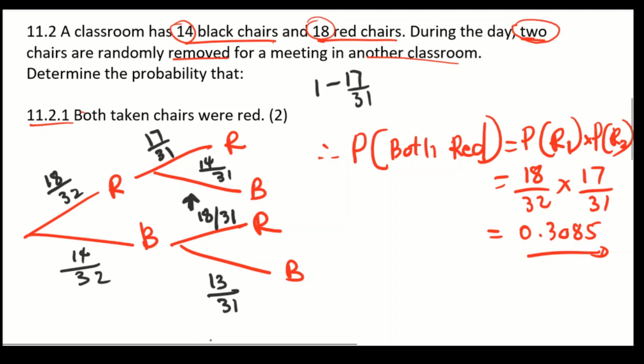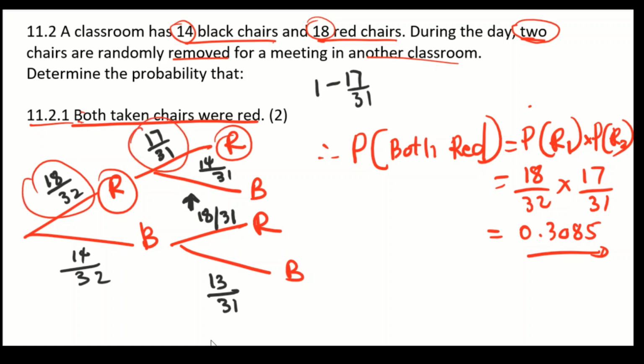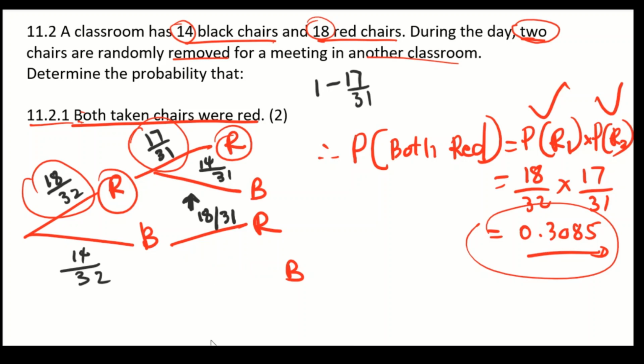So remember, the question says that the probability that you get both red chairs. So this is red, this is also red, right? You're going for red. So meaning you're going to multiply this probability with this probability, which is what we just did, and then we've got our answer here. So that's how you can do it another way. Anyways, let's move on to another question.